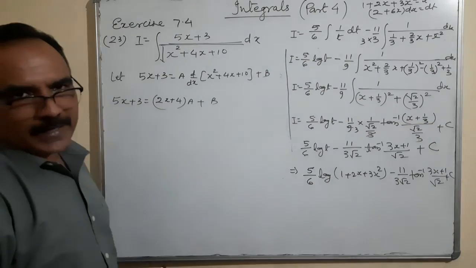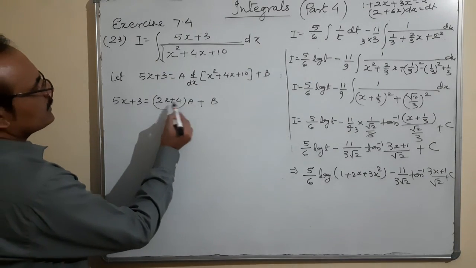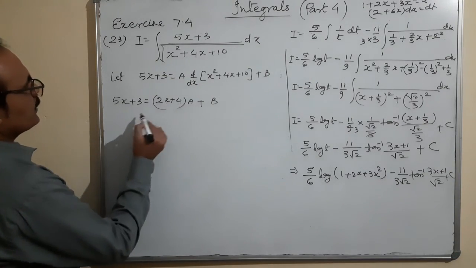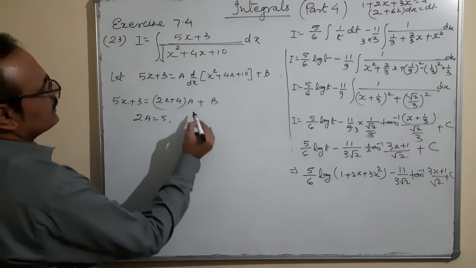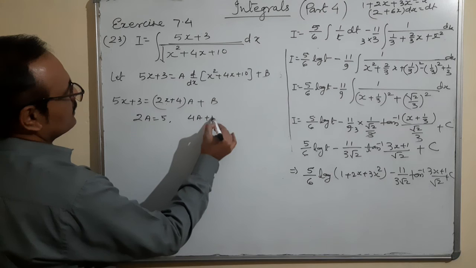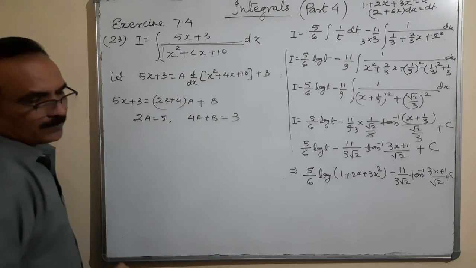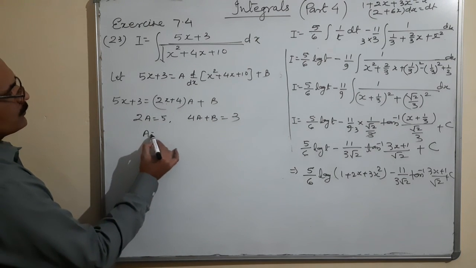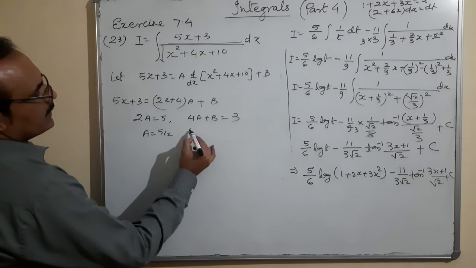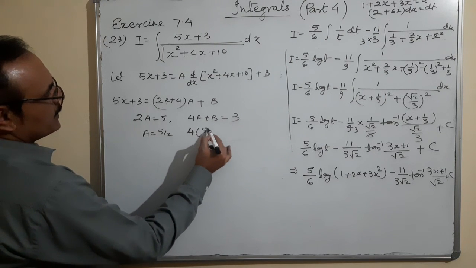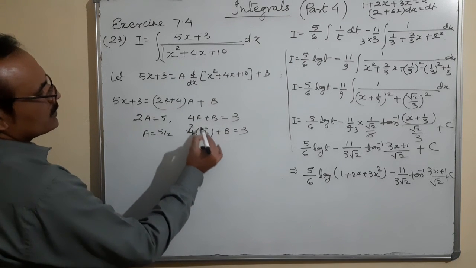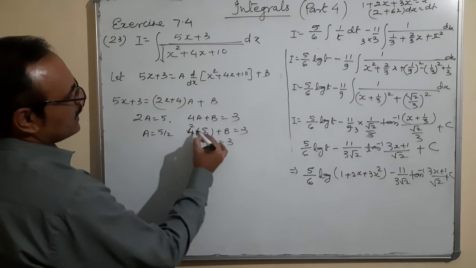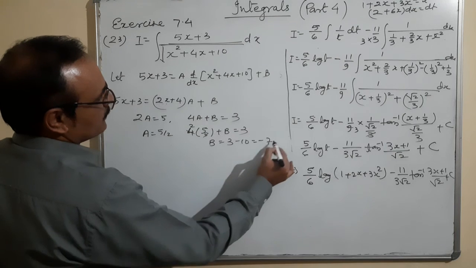Compare the coefficient of x: 2a is equal to 5, and 4a plus b is equal to 3. So a is equal to 5 upon 2, and putting a in 4a plus b, 10 plus b is equal to 3, so b is equal to 3 minus 10, which is minus 7.